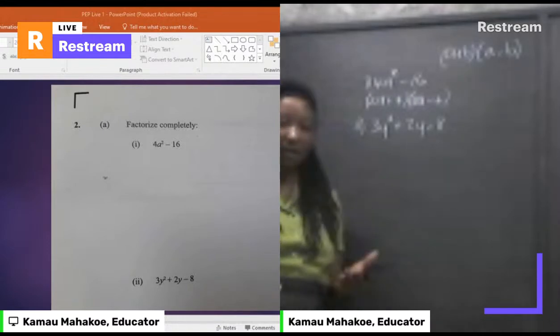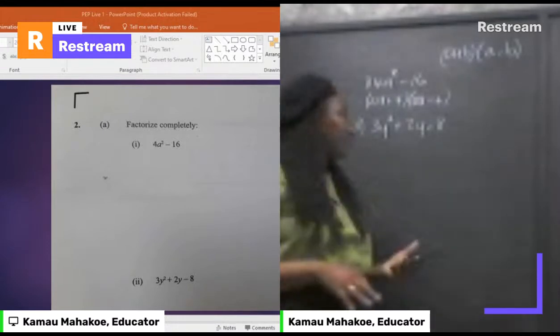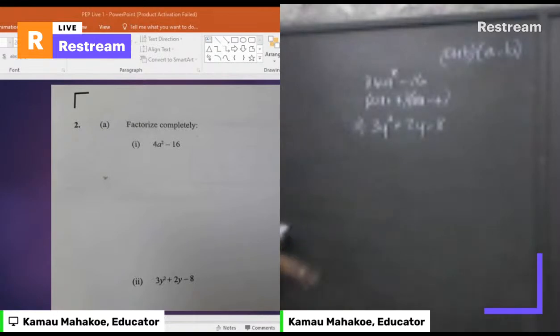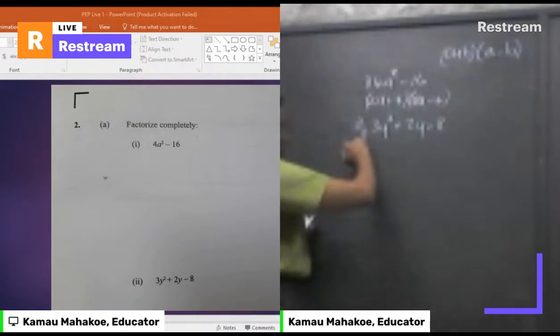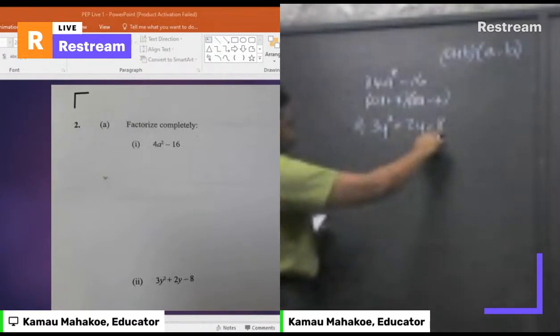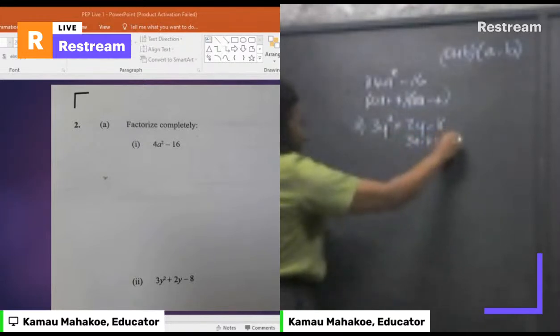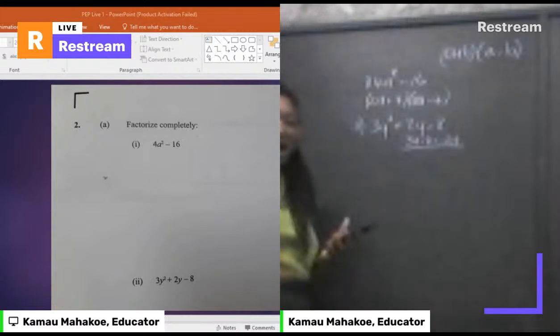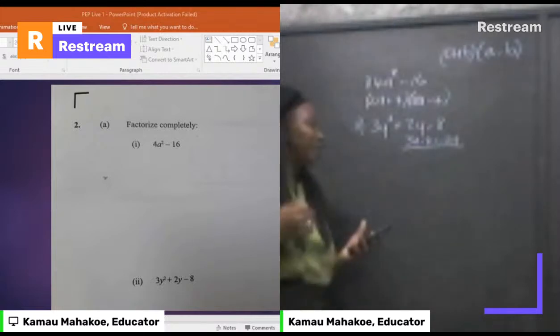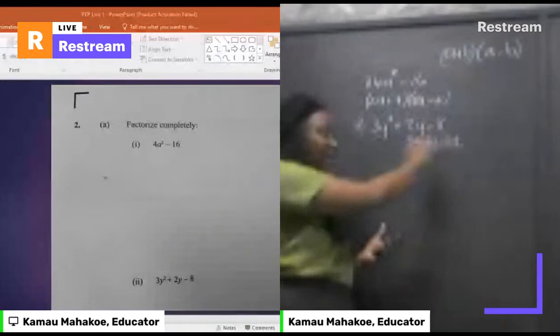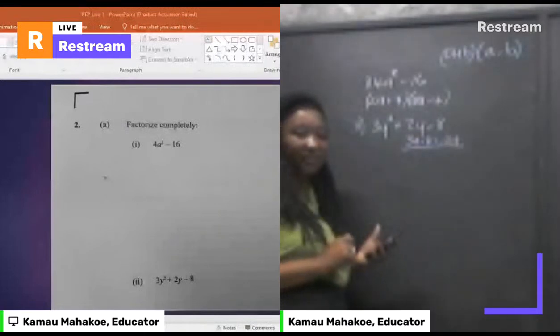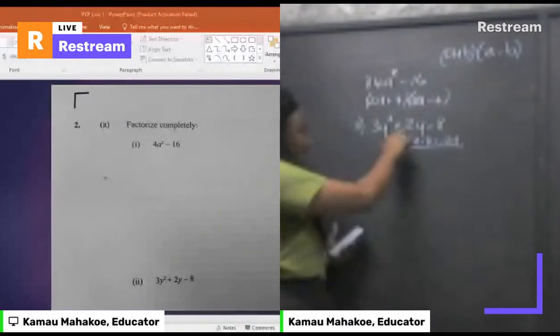The first thing we do is multiply the 3 times negative 8, which is negative 24.